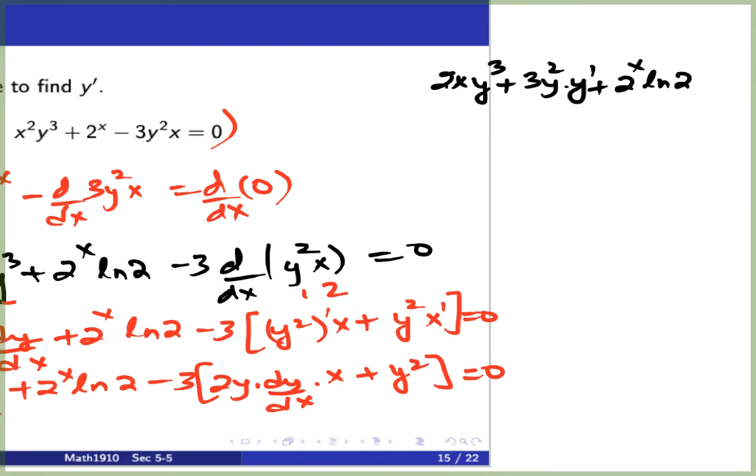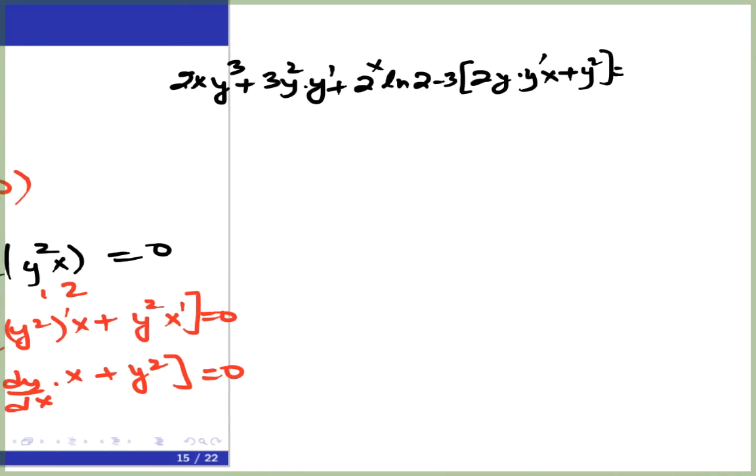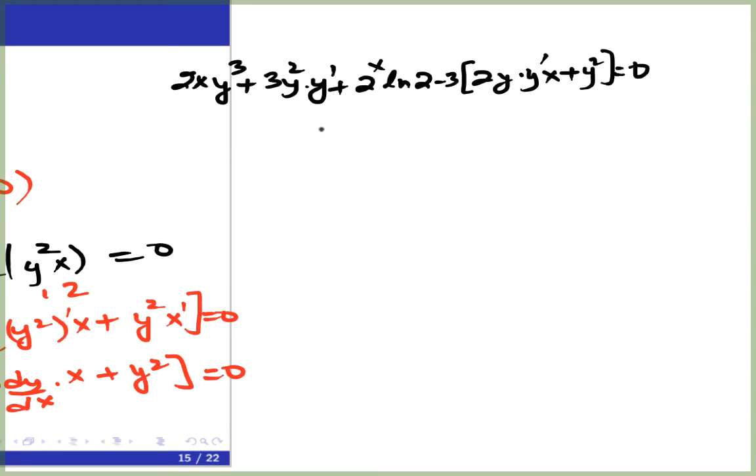And then I will take the negative 3 and 2y times y prime times x plus y squared equals 0. Okay, now let's first open this up.